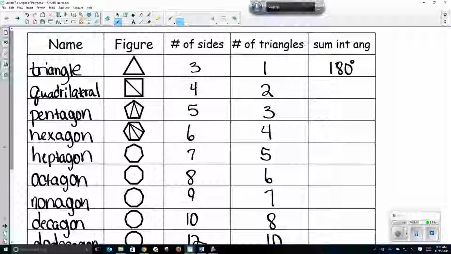What is that? Don't we already know that? I don't think we've talked about it in here, but I think you've learned that in the past, maybe? Think of a square. All 4 angles add up to 360. And that's true for any quadrilateral.